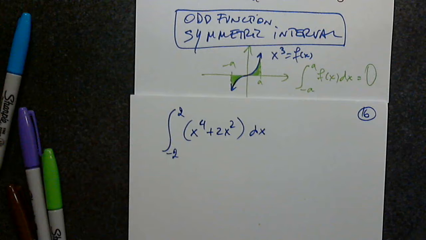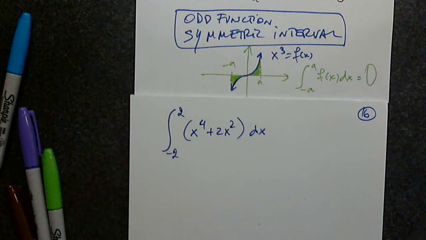Every time I am asked to evaluate a definite integral, I will always check as the first step, is the function continuous between -2 and 2? Yes, it's continuous. This function is always continuous. Number two, I look at the given interval. Is it a symmetric interval? Yes. Number three, I identify whether the function is odd or even. If you say odd, I'll write 0.